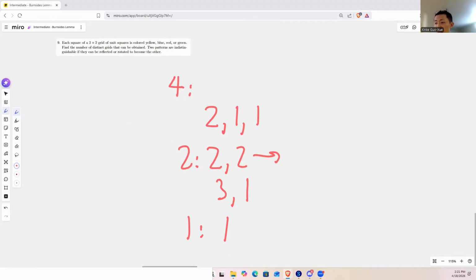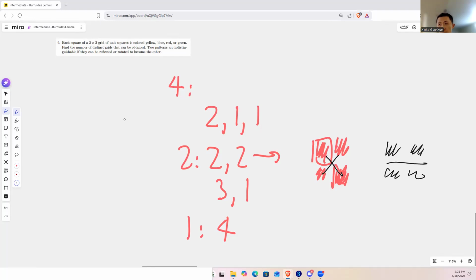So if we have two of one and two of another, then they can either be the two that are diagonal that are the same, or the two that are adjacent that are the same. Okay.